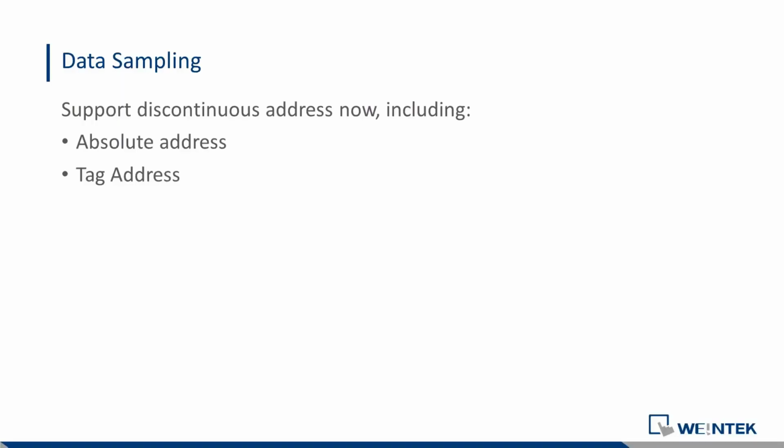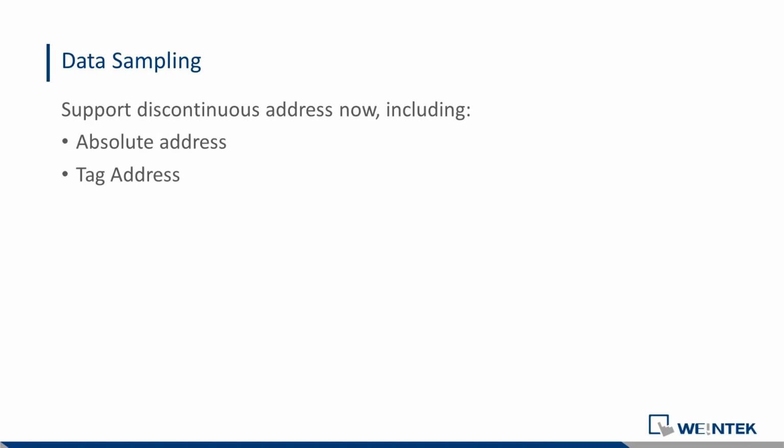These features have been asked for by many of our users. Maybe some of you also wanted these features before. From now on, our data sampling can support discontinuous addresses, right? For both absolute or tag PLC, right?